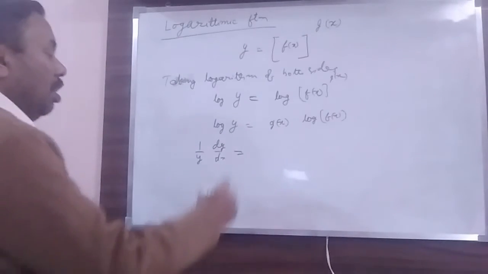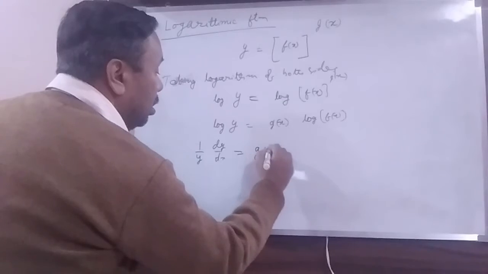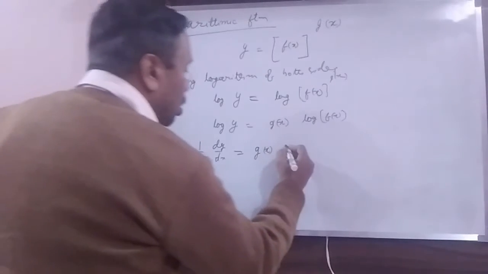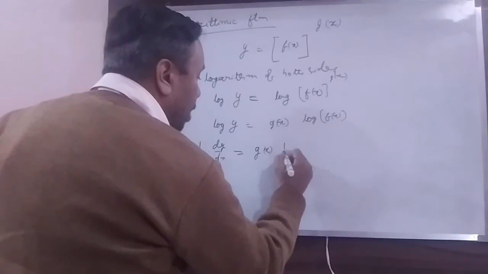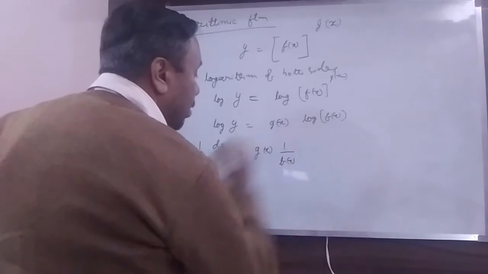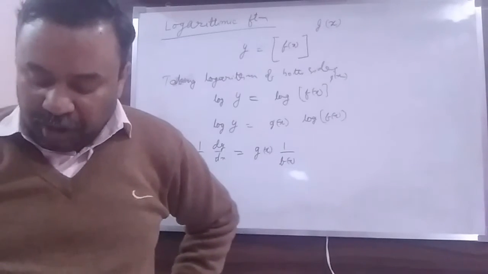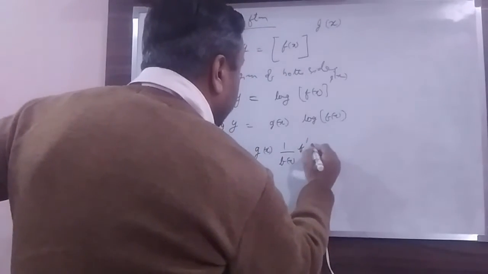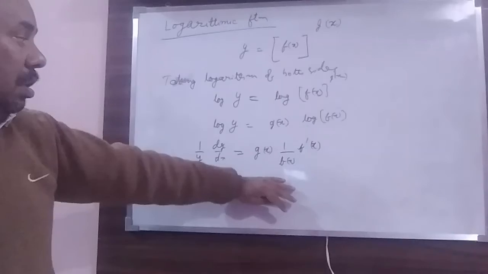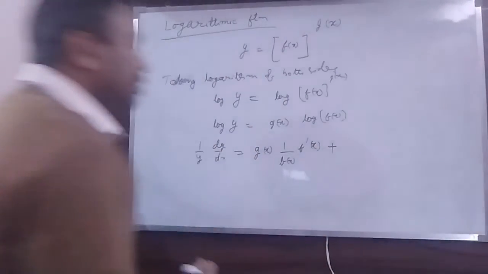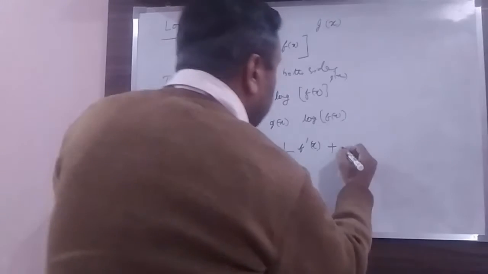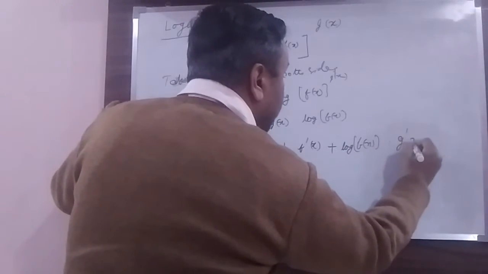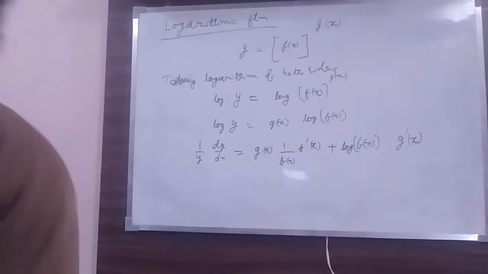So by the product rule, what I get is g(x), that is the first function, multiplied by the differentiation of the second function, so 1 by f(x) multiplied by the differentiation of f(x), that is f dash x, and then plus the second function, log of f(x), multiplied by g dash x, that is the differential of the first function.